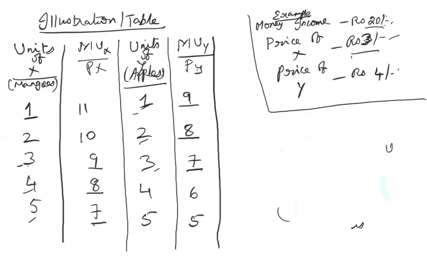Suppose we take the first combination, that is 3 units. What is the formula? Income must be equal to expenditure.